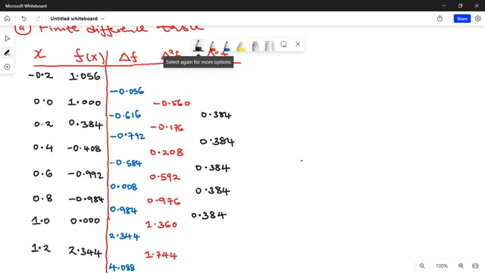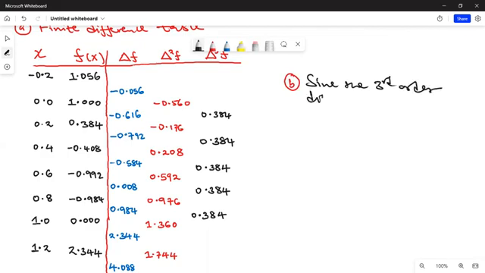So in part B, you write this: since the third order differences are equal, the interpolating polynomial must be of degree 3.